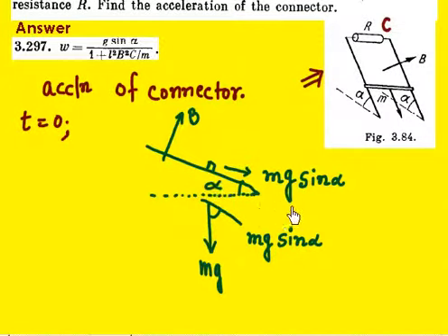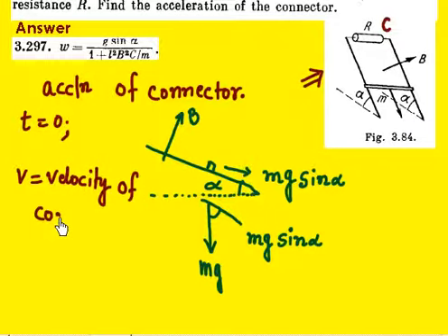But as soon as the force mg sine alpha acts, there is an induced EMF. At any time, let us say the velocity is v. So v is the velocity of the connector at any time t.